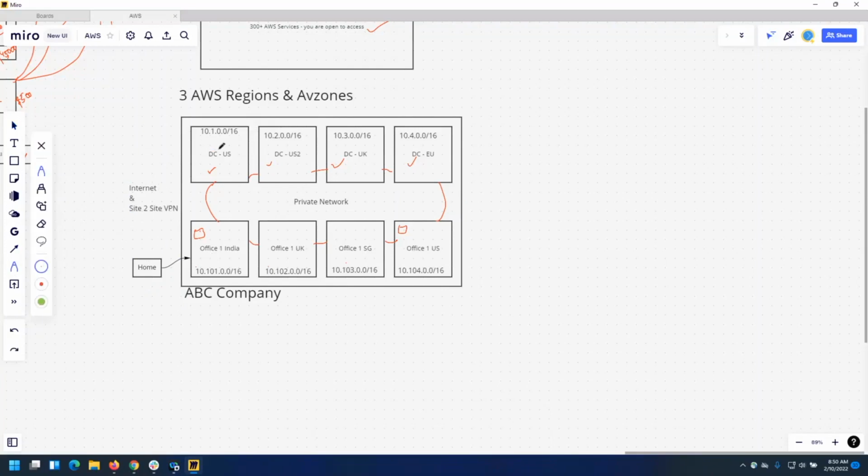Now, say the company has decided to shut down these two data centers and go into AWS. The primary will stay here, just as a pilot project. The secondary data centers I want to completely migrate onto AWS.